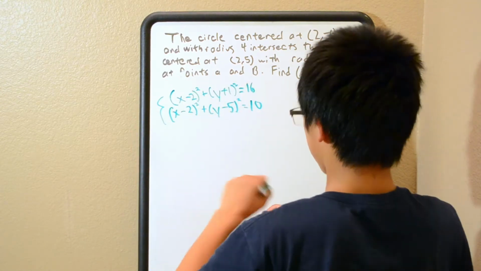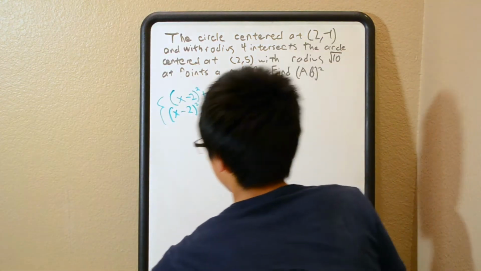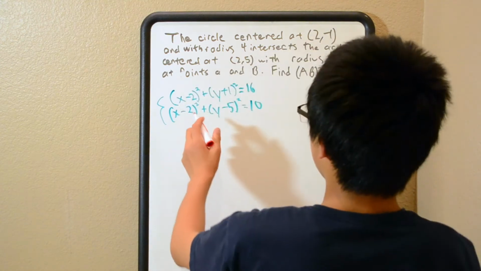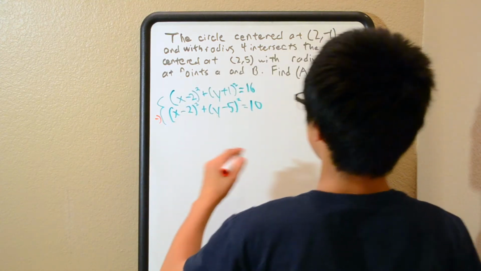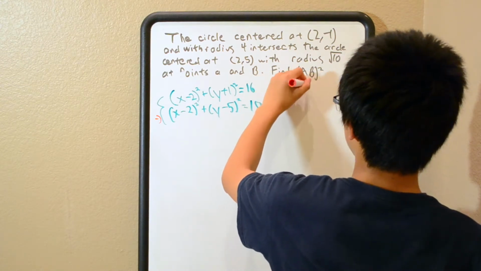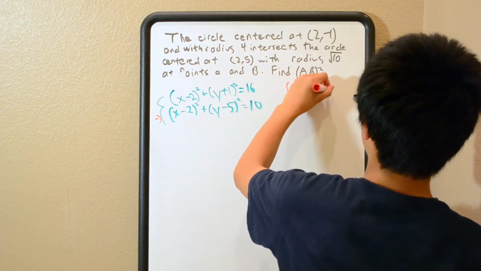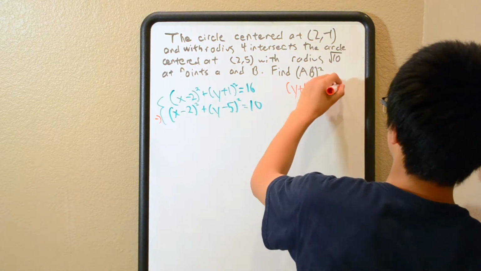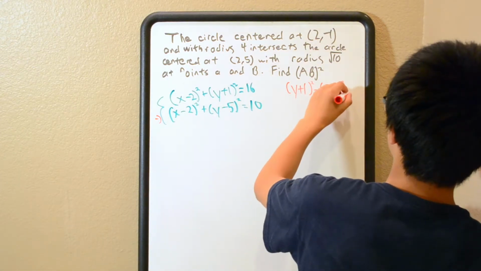Okay, and now we can simplify that by subtracting the second equation from the first. So we get (y + 1)² - (y - 5)², which is equal to 6.